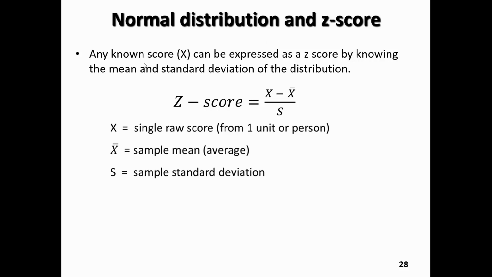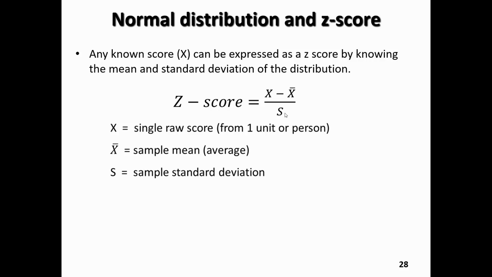In this equation, X refers to a single raw score obtained from one unit, one case, or one person in the sample. X bar is the sample average or the mean, and S is the sample standard deviation.